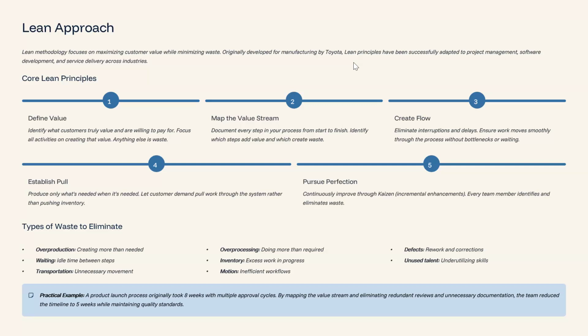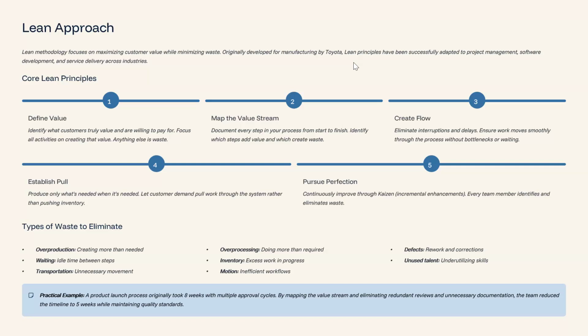I think it was adopted by Toyota. They looked at how to work using this lean approach. Originally developed in manufacturing by Toyota, lean principles have also been adopted in project management.